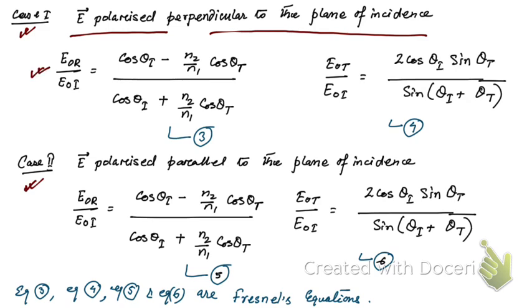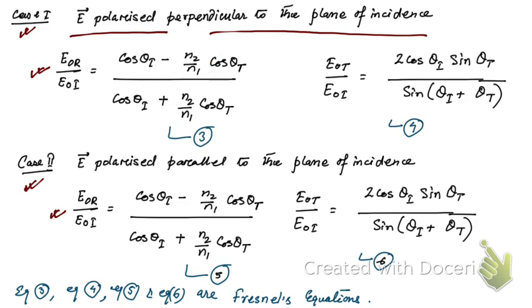This is the Fresnel equation for reflection for the first case, and for the second case this is Fresnel's equation for reflection, and 5 and 6 are Fresnel's equations for refraction. Now here you see we have got this cos theta t.